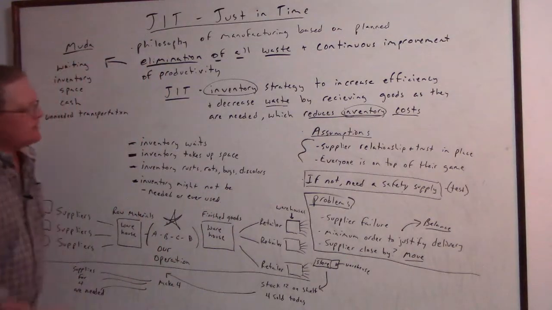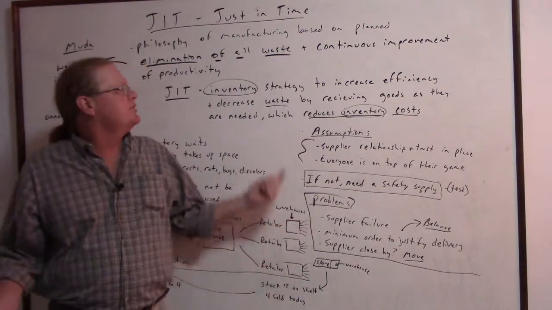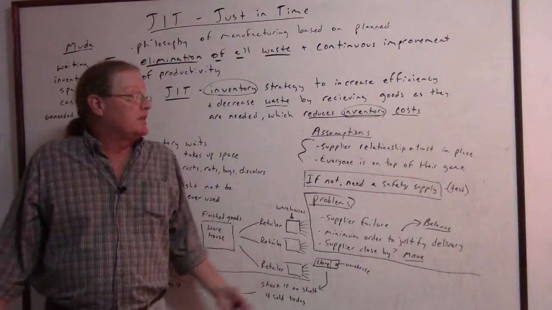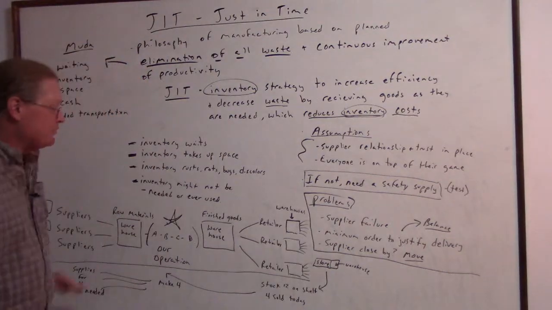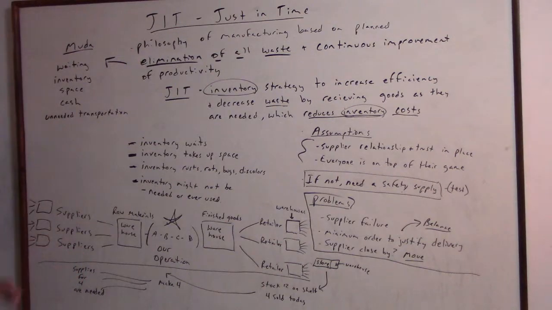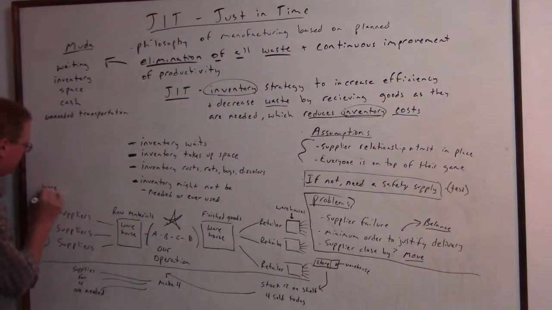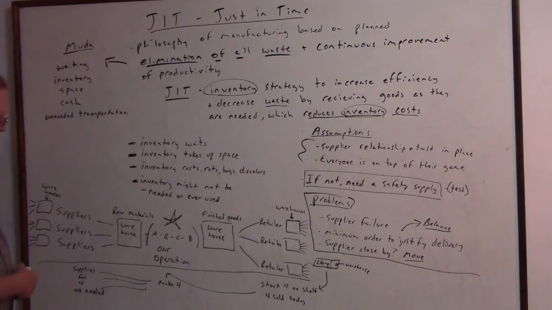Now, let's look at why this is important. Why do we need to reduce inventory? Things expire, but look at all these boxes I have. These boxes are warehouses, and we could have more warehouses over here. We have our suppliers who are going to provide us with something, and they have to have their warehouses because they don't trust their suppliers.